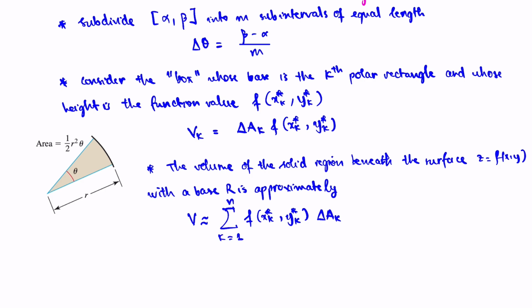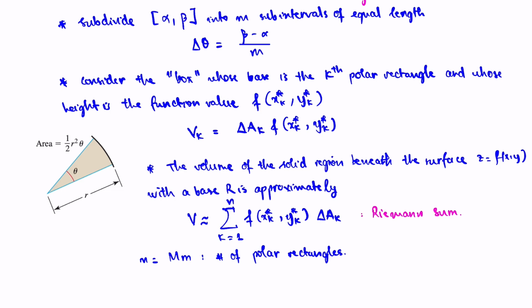So this approximation to the volume is the Riemann sum. Note that n in this case is equal to capital M times little m, and this is the number of polar rectangles.